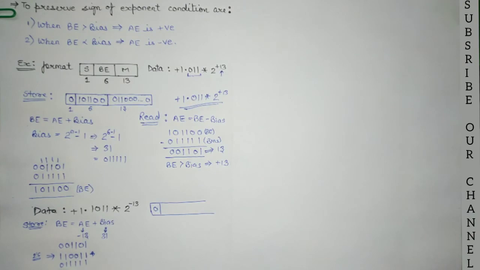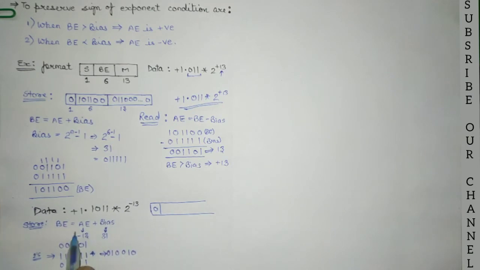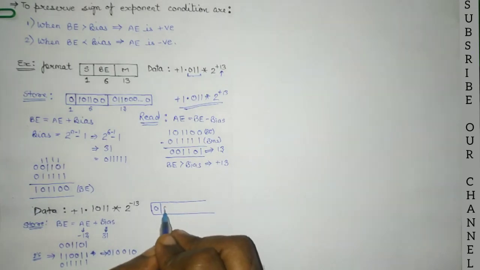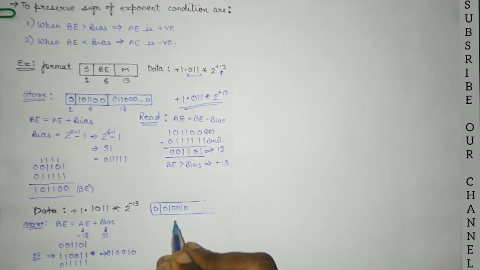Whatever we get, let me write down here. 1 and 1 will be 0, 1 carry, and so on through the bits. So this will be the addition of actual exponent and bias, and this will be stored over here: 0 1 0 0 1 0, right?